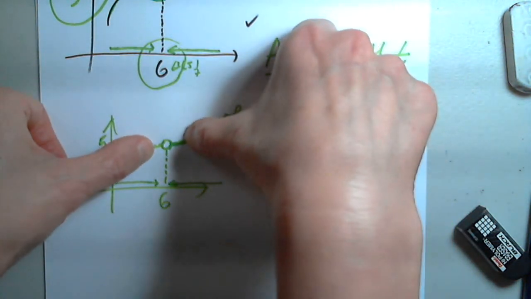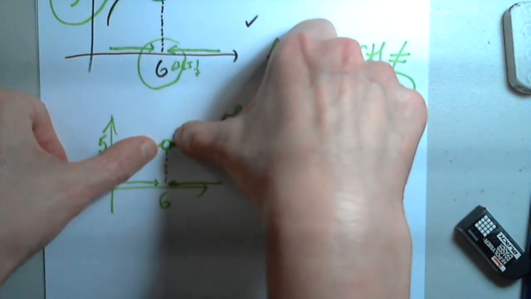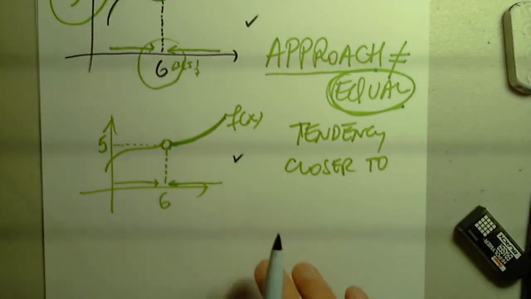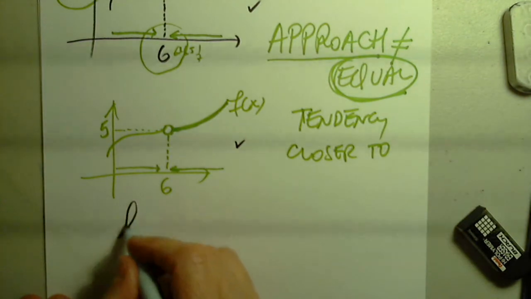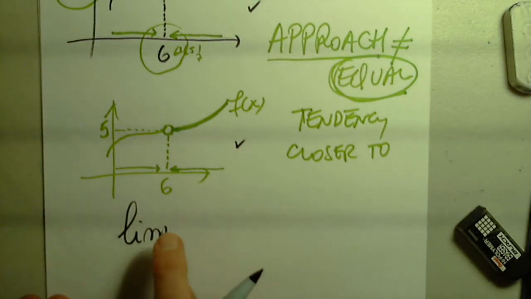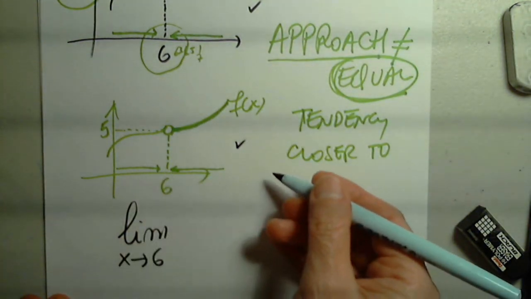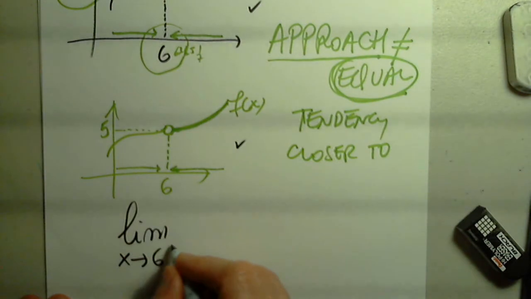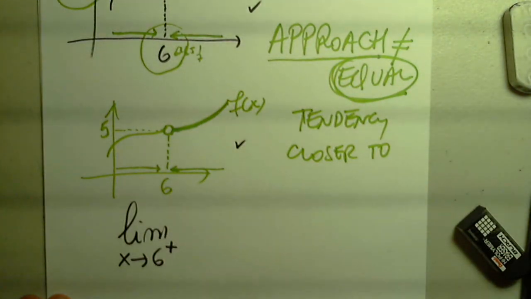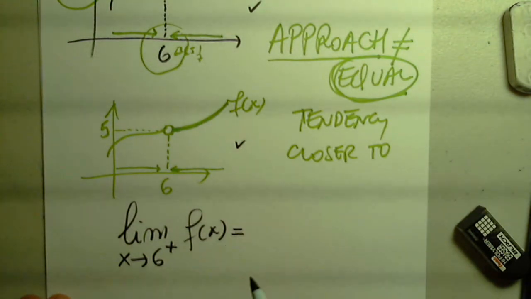The function values approach the same number. So we have 3 things here. It's called the limit. It's written LIM. As x approaches 6 from the right, from the right means with values higher than 6, of f of x equals 5.